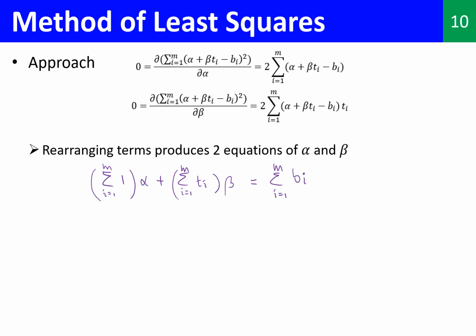So this comes from the first equation, and from the second equation we get the summation of ti times alpha plus the summation of ti squared times beta, which is equal to the summation of ti bi.